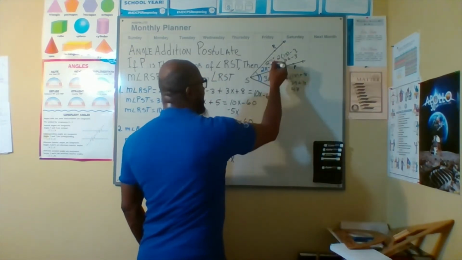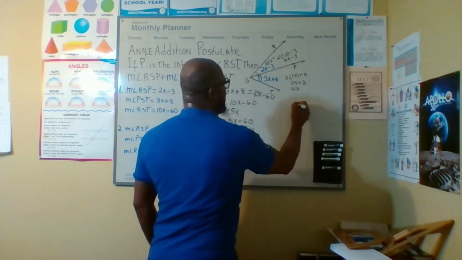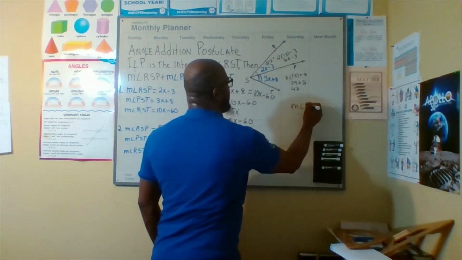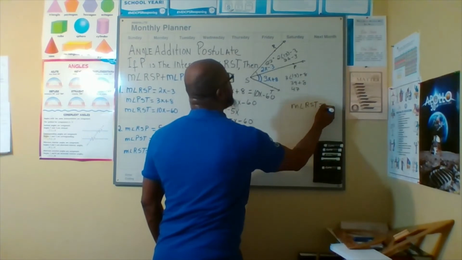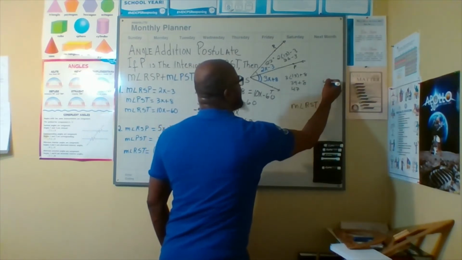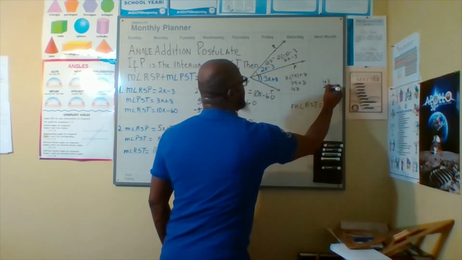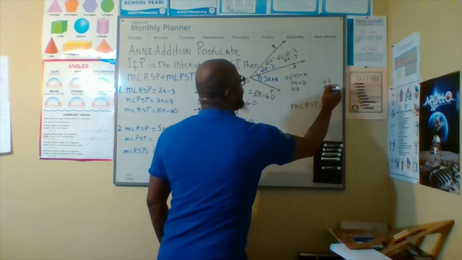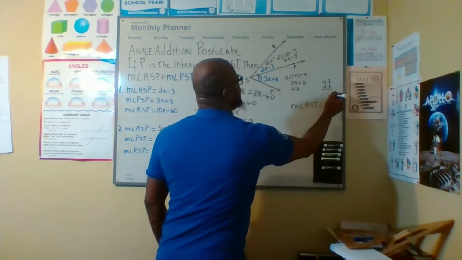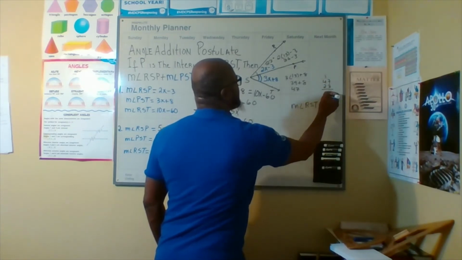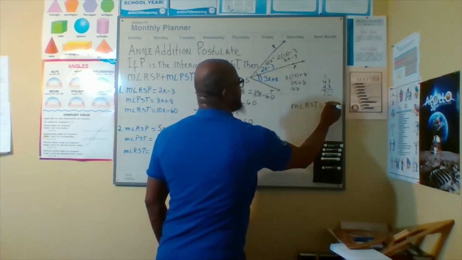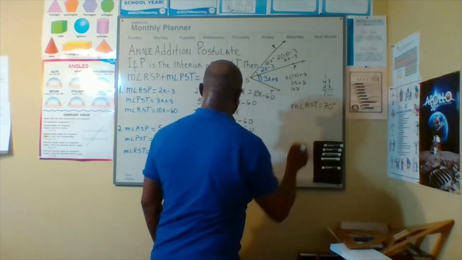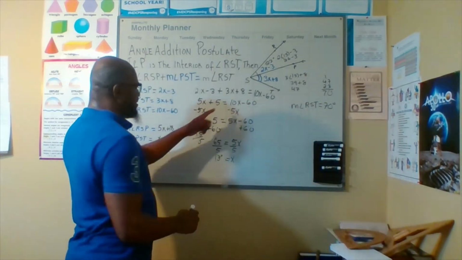So when I add those two angles, this tells me what angle RST is. 47 plus 23, which is 70 degrees.